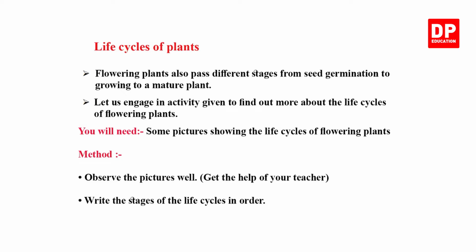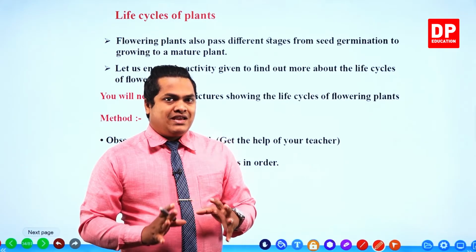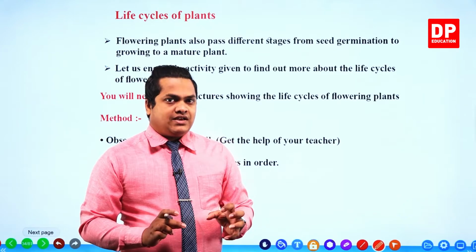So my dear children, as we discussed, I told you that we'll be discussing only 3 life cycles within the lesson part of the life cycles of animals. Later on we'll be discussing another 2 life cycles related to animals, the life cycles of a mosquito and a fruit fly. But we'll be mainly focusing on only 3 life cycles.